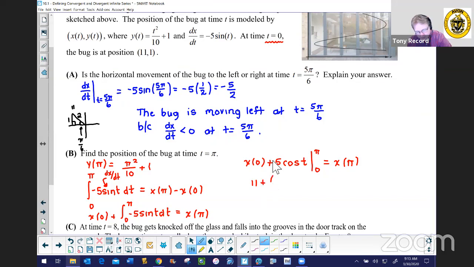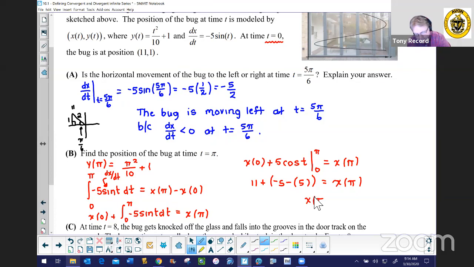And if we evaluate what we've got here, 5 cosine of pi is -5, and then we subtract 5 cosine of 0. Well, the cosine of 0 is +1, so we have 5. By the time we do a little simplifying with this, 11 minus 10 is 1.